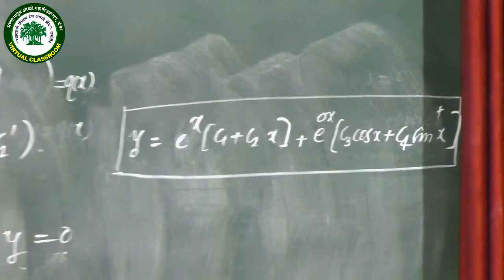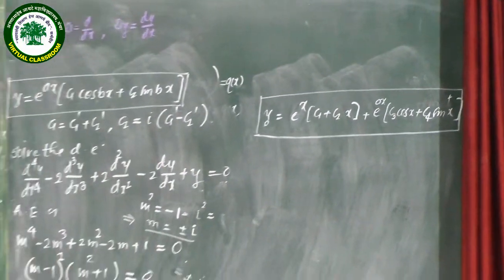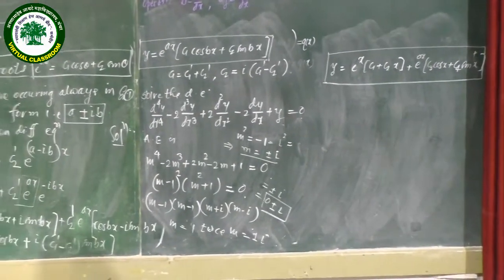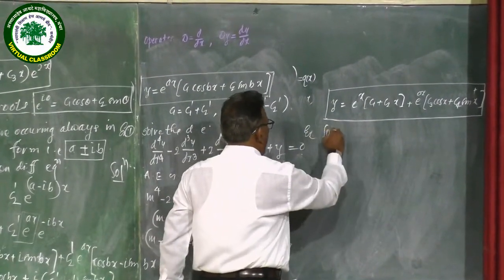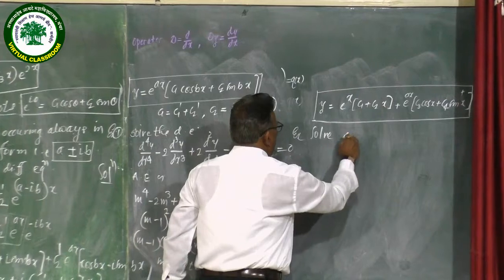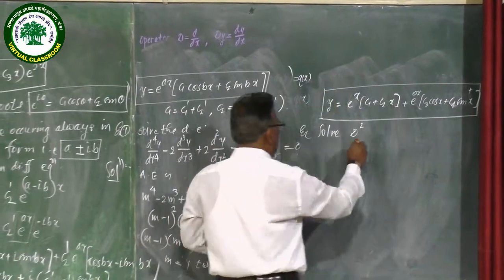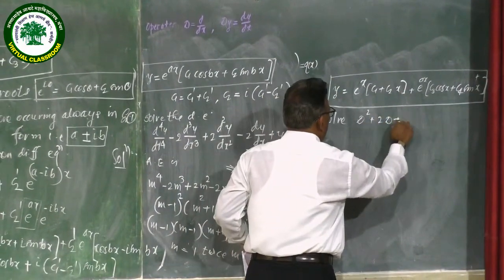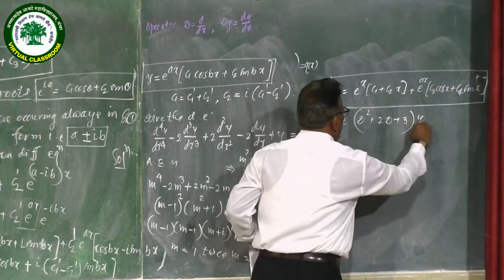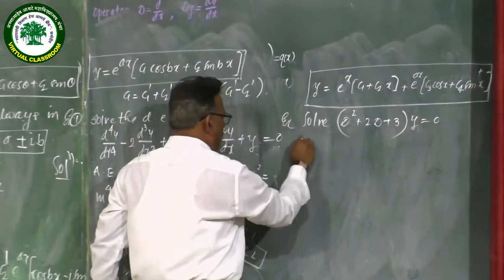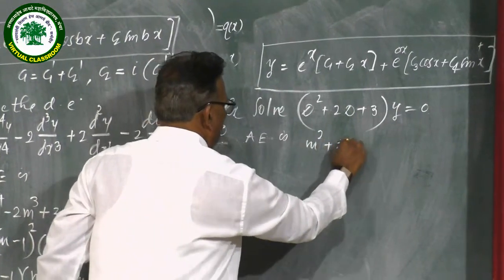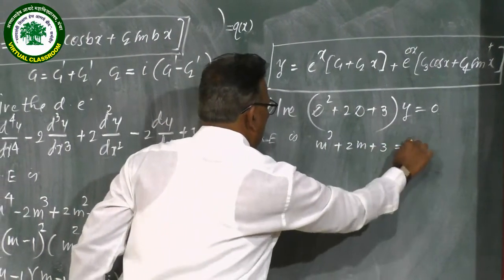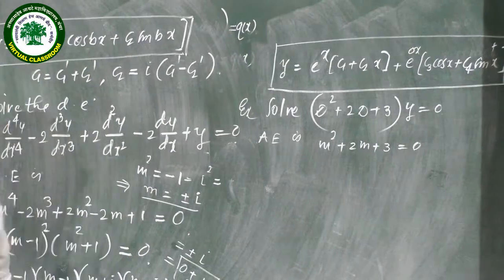You can take one more example. Solve (D² + 2D + 3)y = 0. The auxiliary equation is m² + 2m + 3 = 0.